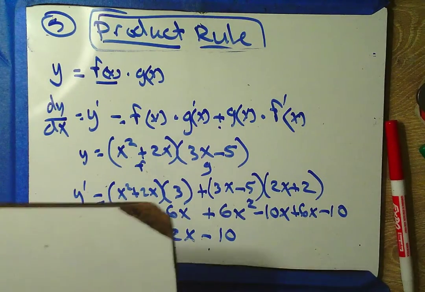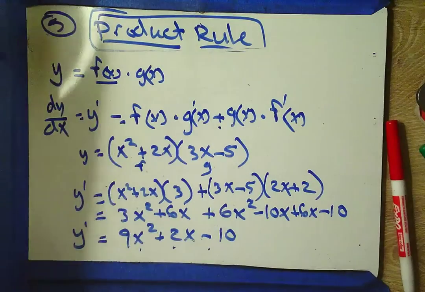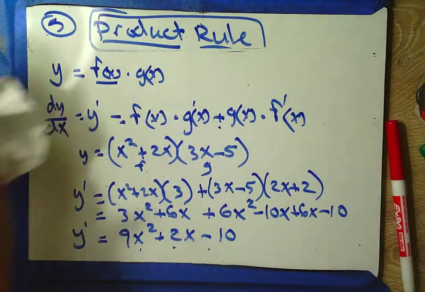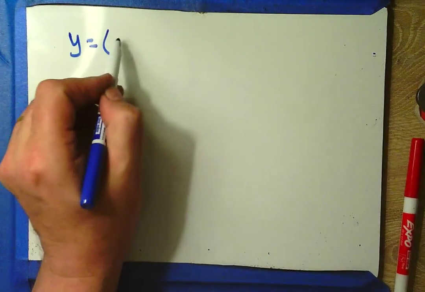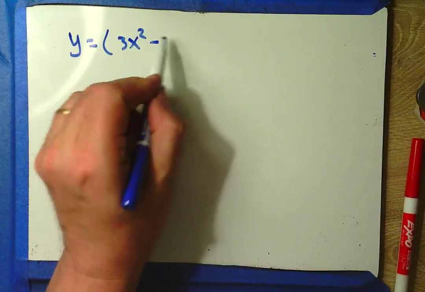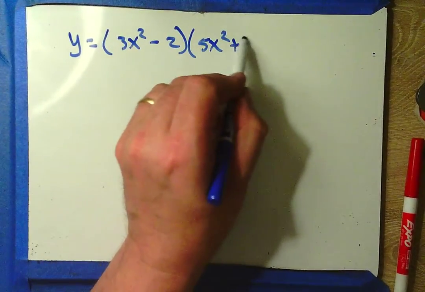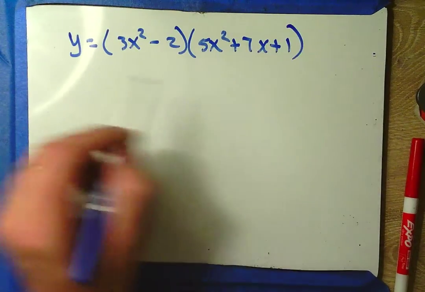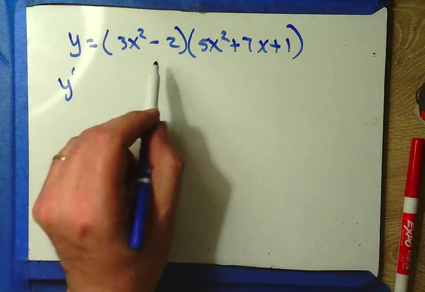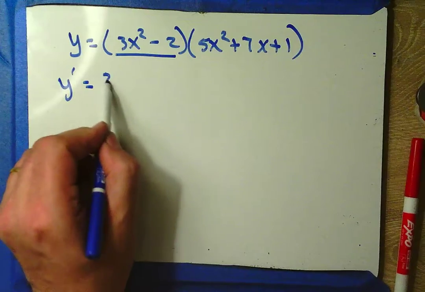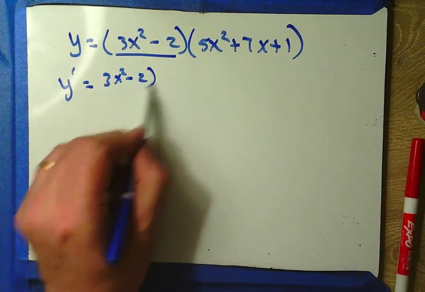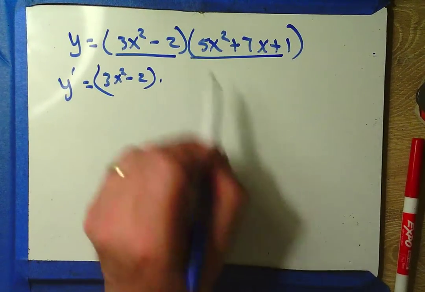Okay, so there's 2 more rules. Number 5 was the product rule. And again, the product rule is, it's really worth saying again, if I have 3x squared minus 2 and 5x squared plus 7x plus 1, then y prime is this, 3x squared minus 2, times the derivative of this.